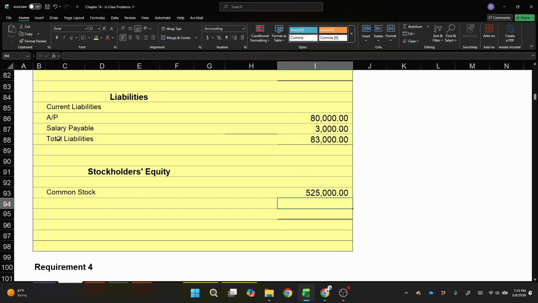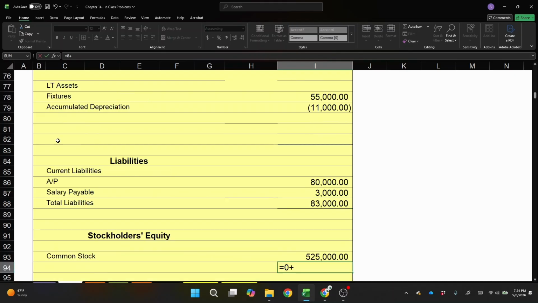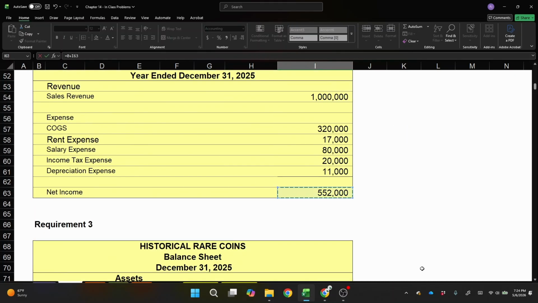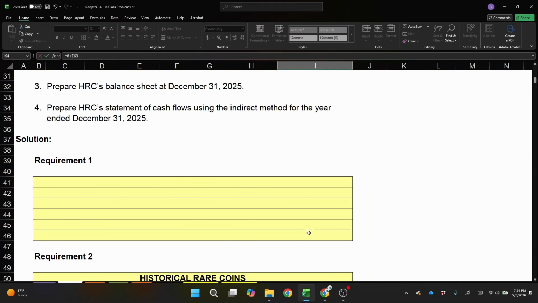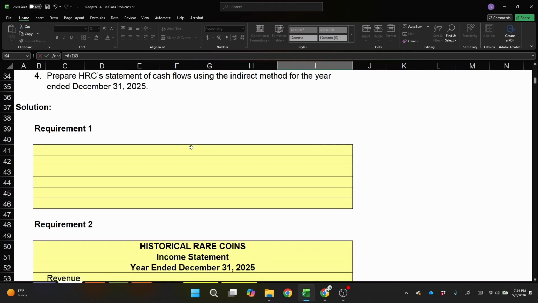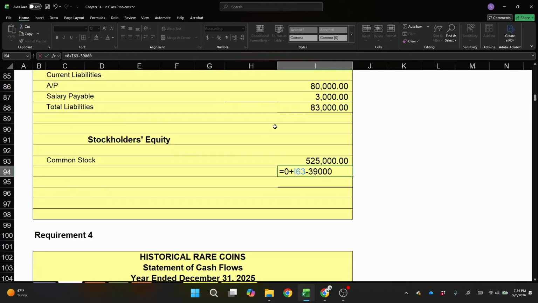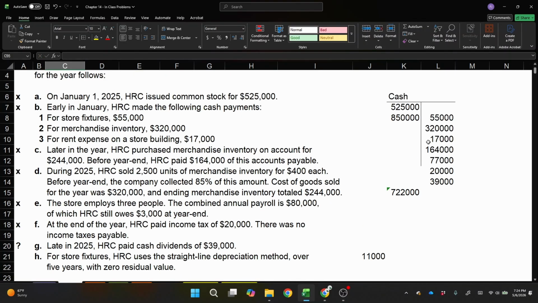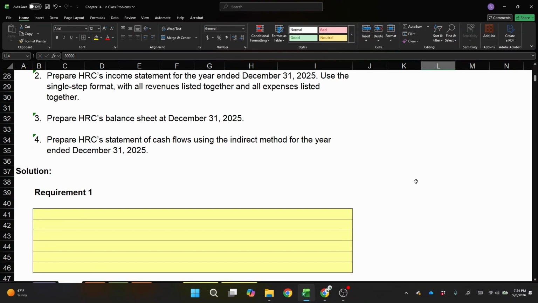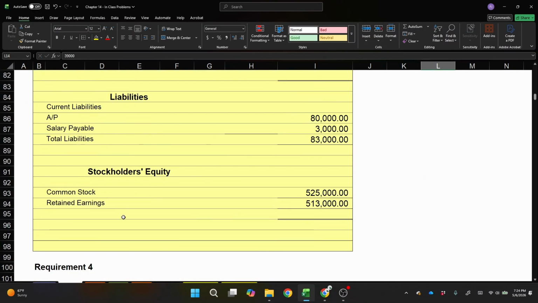Our retained earnings, our beginning balance is 0, plus our net income, minus our dividends, which was 39,000. That's going to be our ending balance. This is retained earnings. I think I know what we did wrong. If I go up here, I know it's 39. Let's continue and see what number is off.